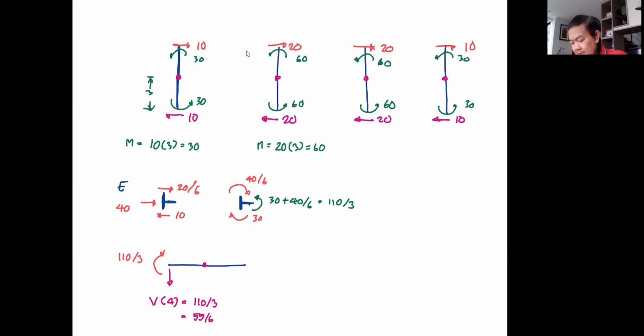And from that, you can use the sigma Fy to get the equal and opposite shear. And if this is 55/6, the moment is going to be similar, but in the opposite direction.